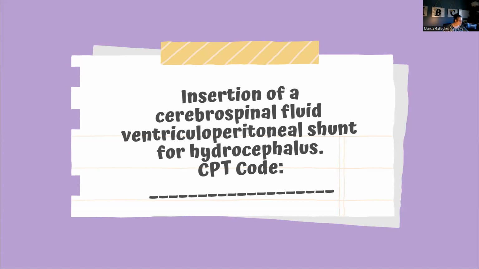That doesn't match anything. 62190 creation of shunt, subarachnoid subdural atrial. Okay, that doesn't seem to match up. 62192 subarachnoid supradural peritoneal pleural other. Yeah, that doesn't. And then 62194 is a replacement. We know we're not doing a replacement.